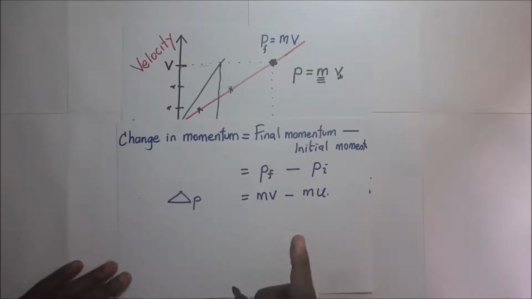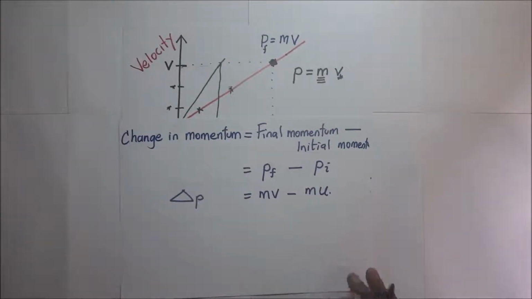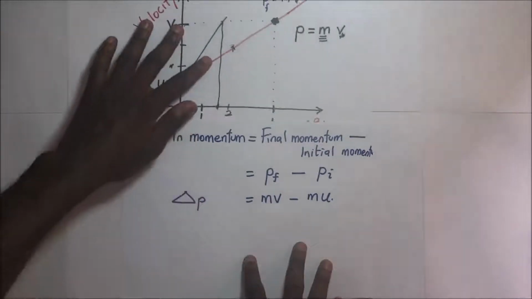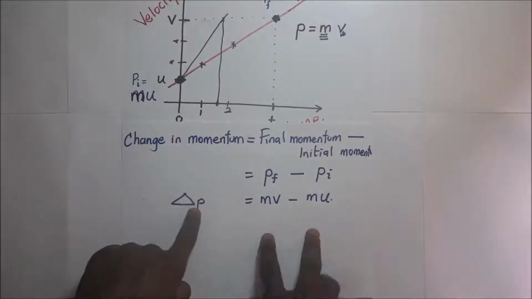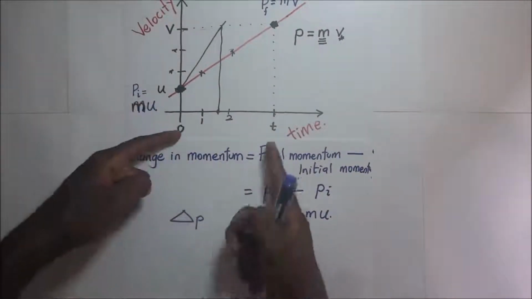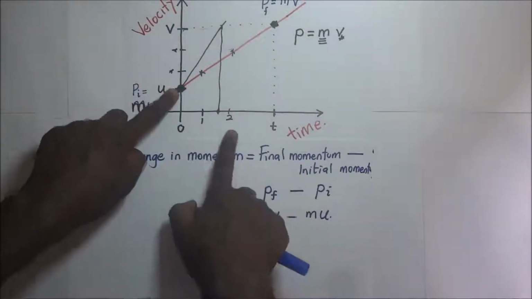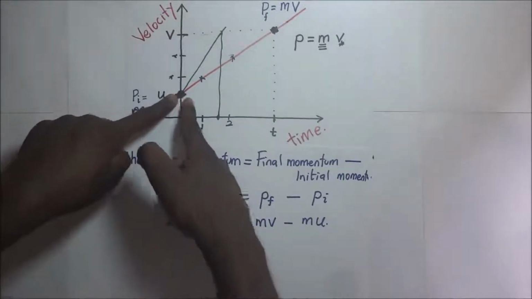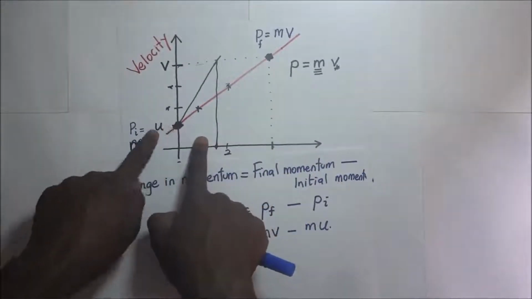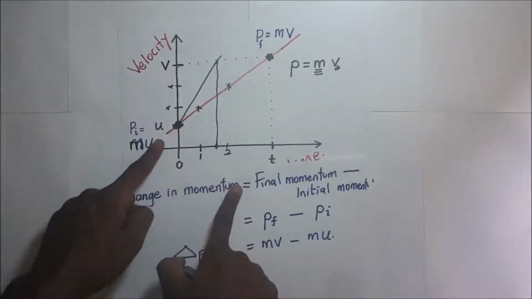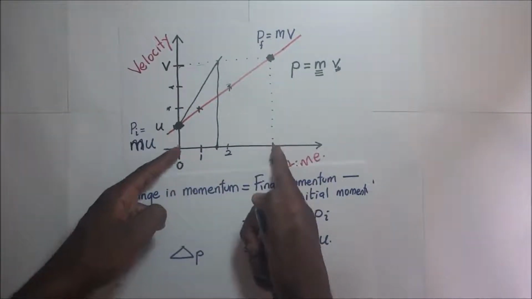Now, Newton's law talks about the rate of change of momentum. So when we are dealing with the rate of change, we are going to include the time element, because the body was moving from an initial velocity of u to a final velocity of v. There was a certain time that was covered, a certain change in time.